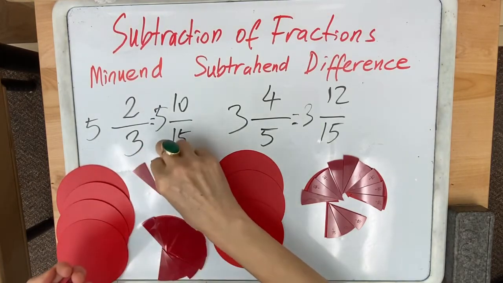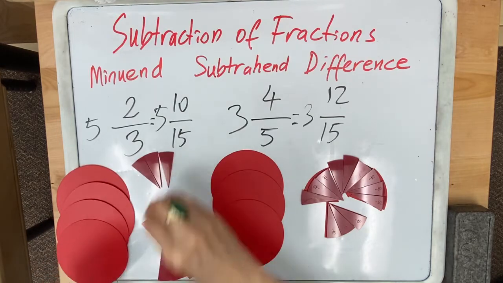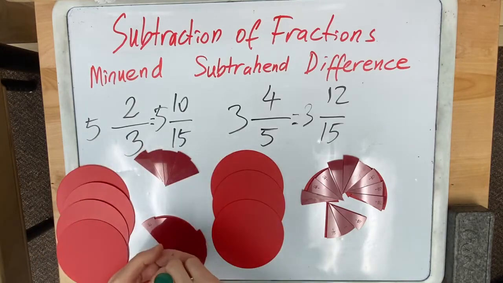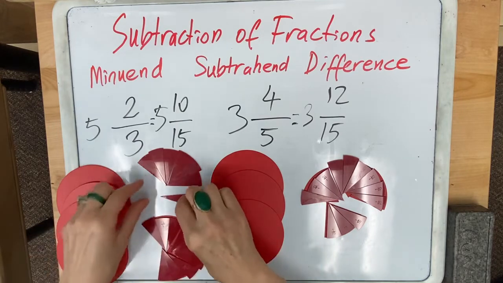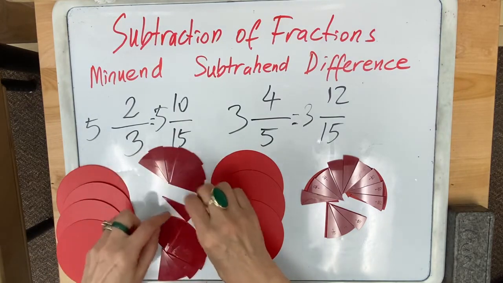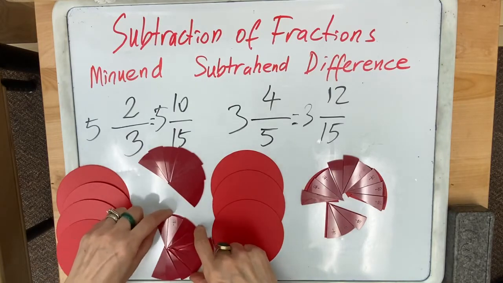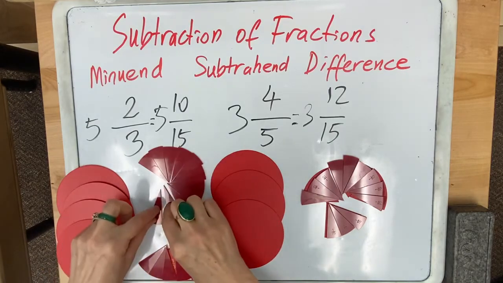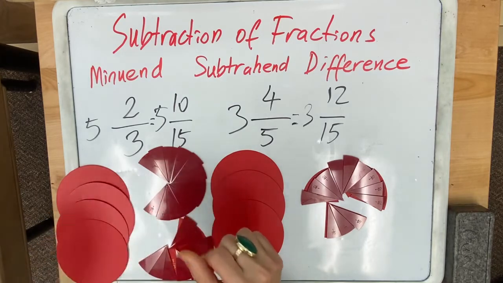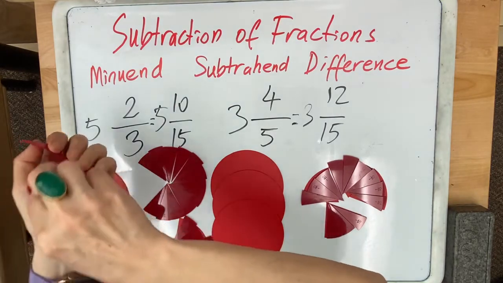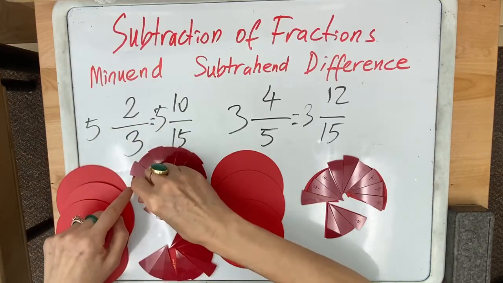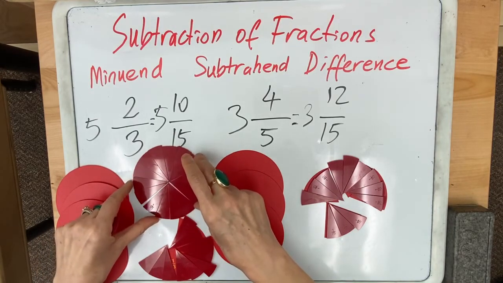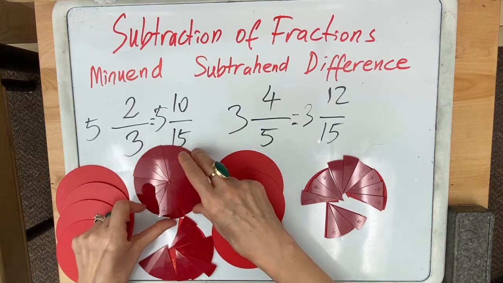All right. 1, 2, 3, 4, 5, 6, 7, 8. All right, let's see if it is equal.